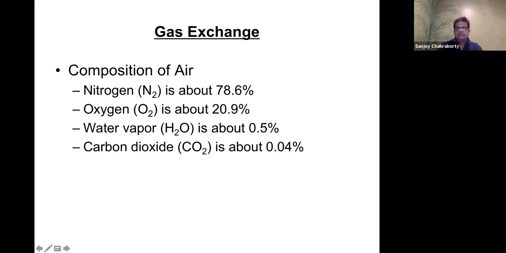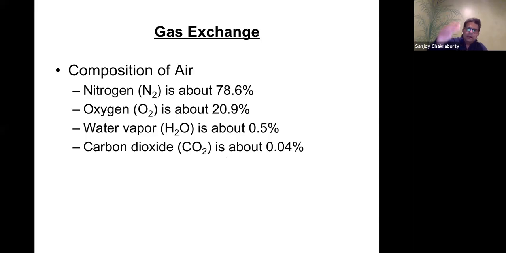It's almost 79%. And then 20% oxygen, 20.9 technically. The remaining small amount is carbon dioxide and water vapor. Of course, this is pure air, but there are a lot of impurities in the air also, which make up less than 0.001%.